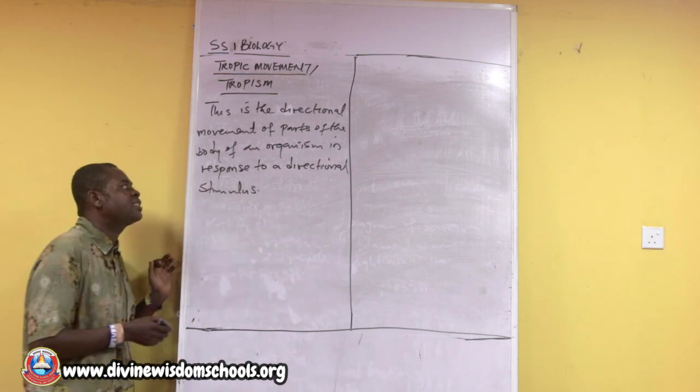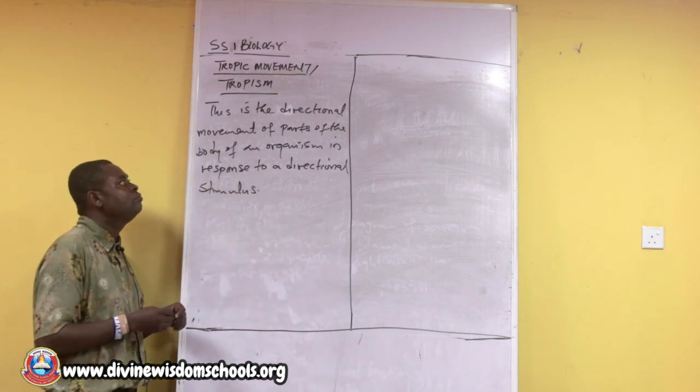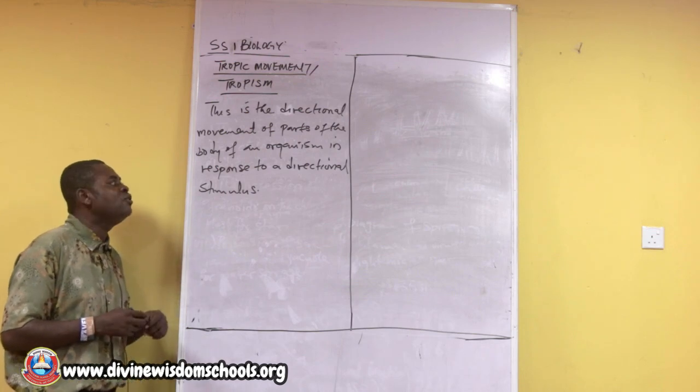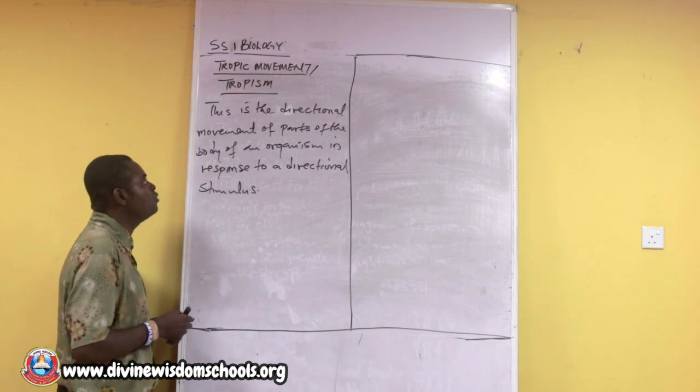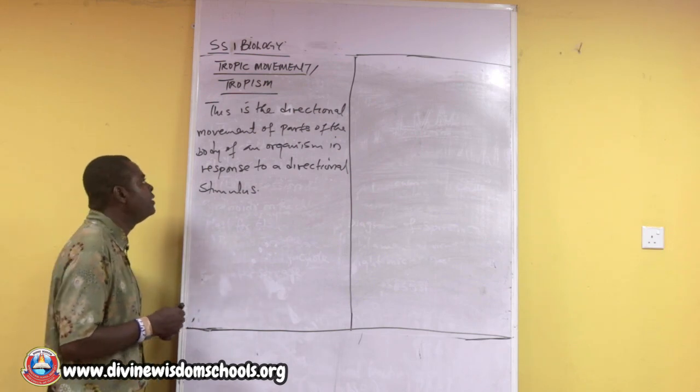So, unlike tactism that we discussed the other time, that involves the movement of the whole body, this one only involves parts of the body, and it's also directional, like tactic movement.